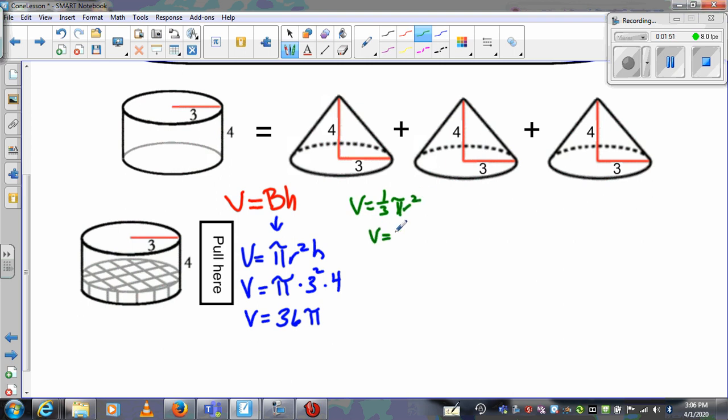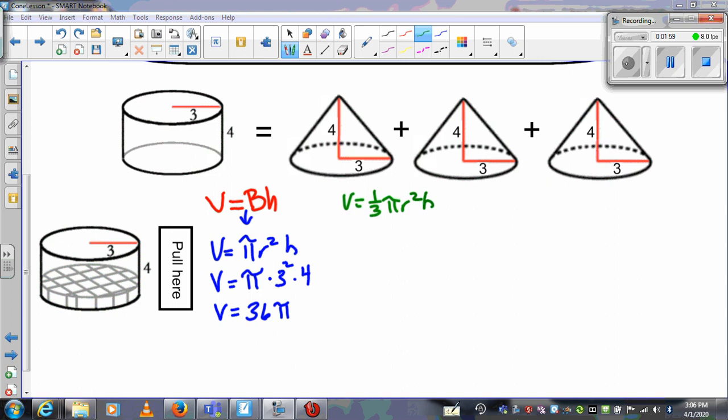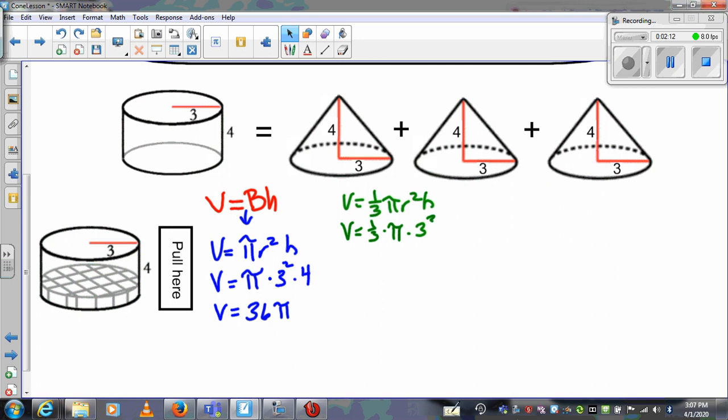So in this case, it's going to be 1/3 times pi. So volume is equal to 1/3 times pi times 3 squared times 4.